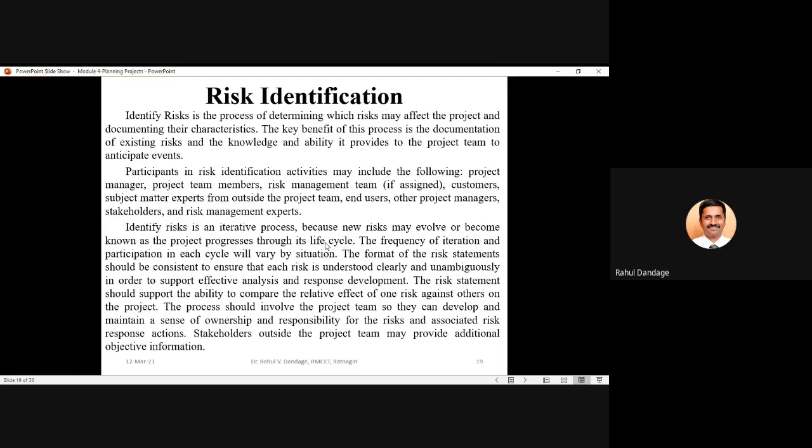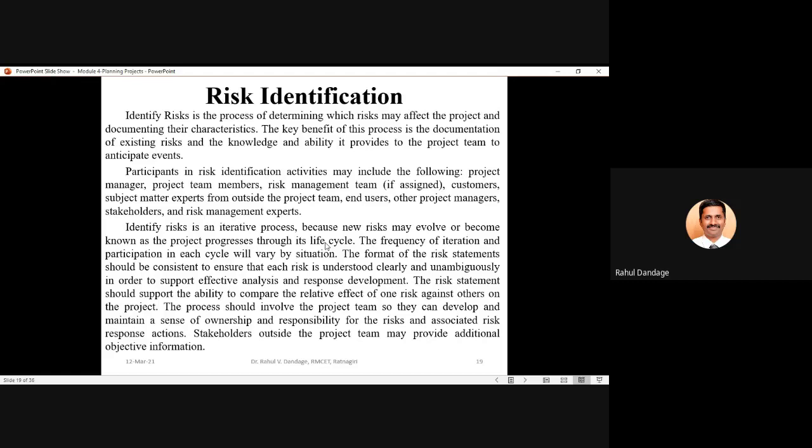Instead, if you involve the entire project team and they identify the risks, then there will be a sense of ownership: yes, this particular risk was identified by me, and because I have identified it, it is my responsibility to find out how it can be responded to, how its effect can be minimized, how its occurrence can be eliminated.